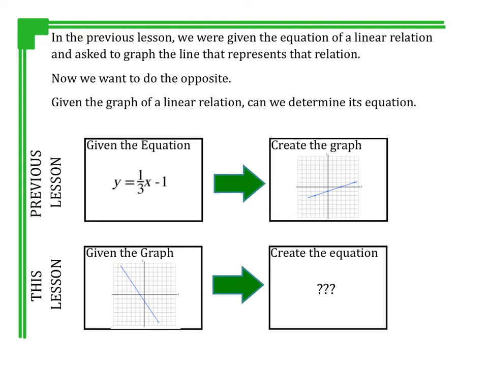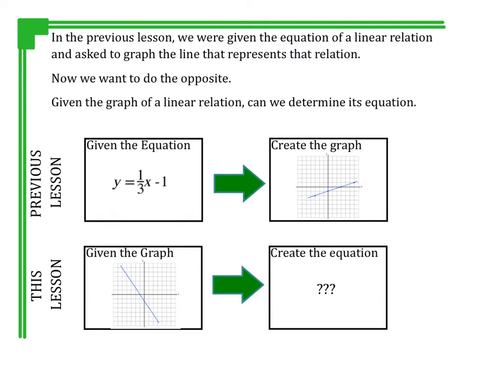In our last lesson, you were given the equation of the relationship, y equals mx plus b, and you were asked to create the graph. That involved identifying the slope as the m in front of the x and identifying the y-intercept, and using that information to graph the line.